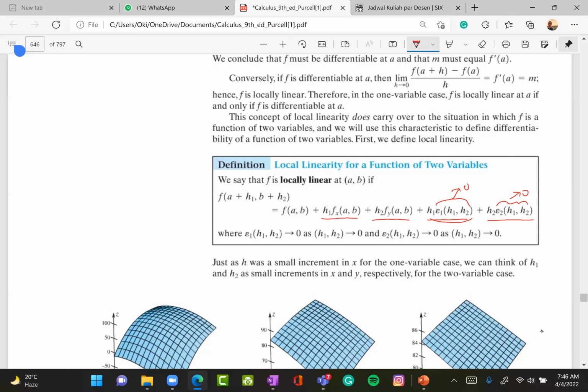It's much smaller than h. That's what we call locally linear. But what is this? This is the partial derivative.